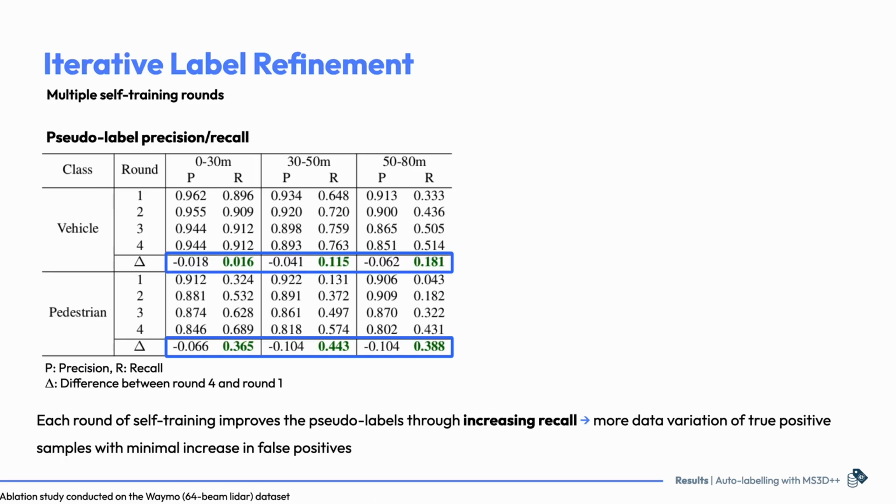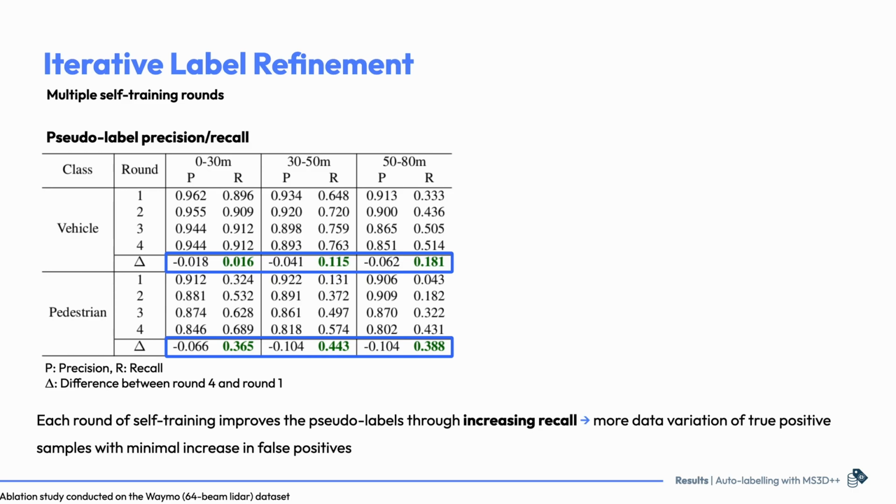In terms of the iterative label refinement, the main strength is that we increase recall with each round while maintaining precision. If you look at the delta here, the delta compares the 4th round and the 1st round. We show that especially for the 30 to 50 meters range for the vehicle, we can increase the recall quite a lot for further range vehicles while still maintaining our precision.